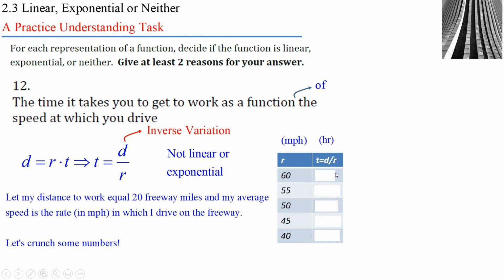Okay, so now all we have to do then for each of these outputs is take the distance, which is always going to be 20 miles, and divide it by the rate. And then let's reduce the fractions. So let's use our calculator. And you guys, make sure you can reduce fractions on your calculator. I'll probably work with a few of you on this when we're asynchronous, okay?